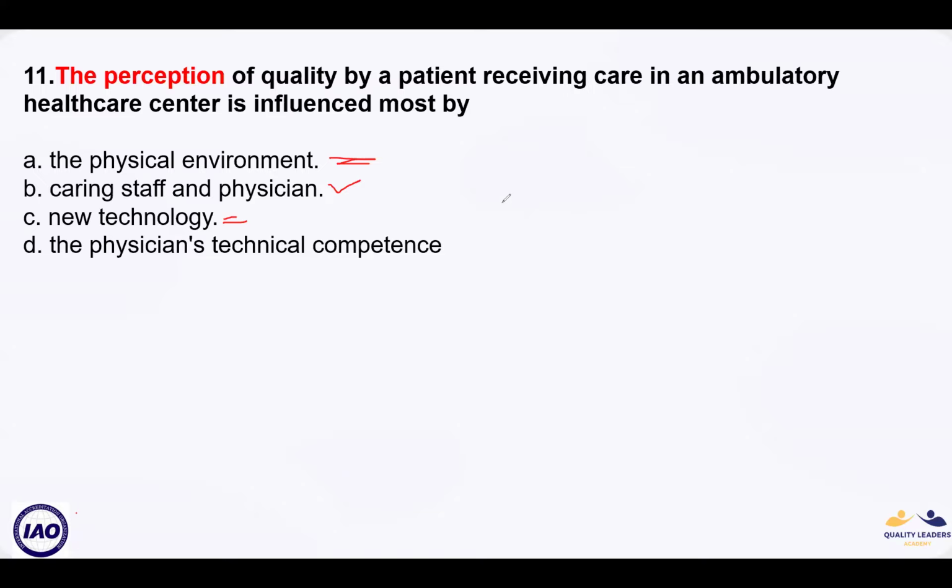So here this is also not the right option. So option B, the perception of quality by a patient receiving care in an OP setting is influenced most by caring staff and physician, right? We have already discussed this particular thing.